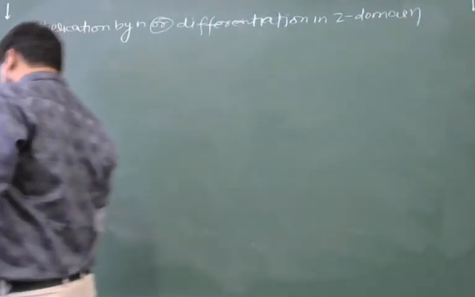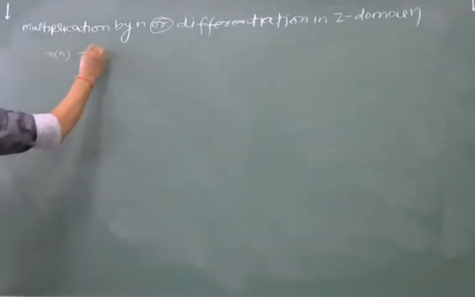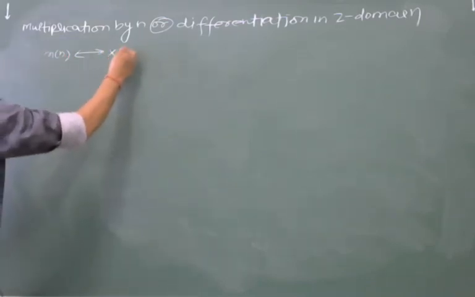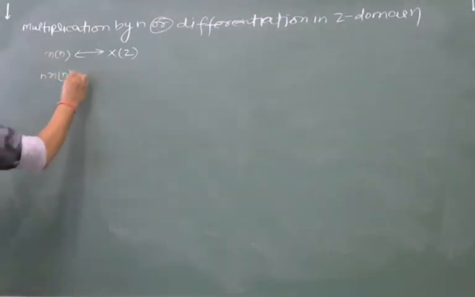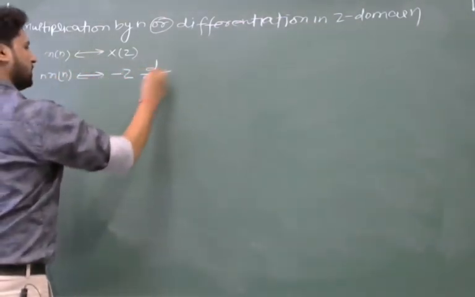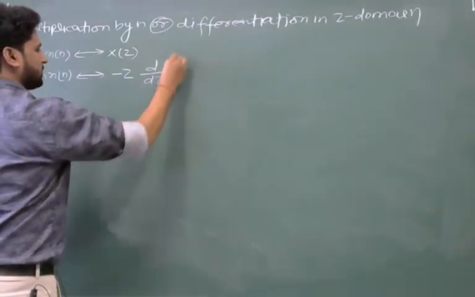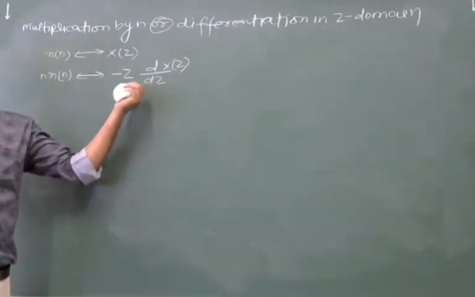Multiplication by n or differentiation in z domain. So if the z transform of x of n is x of z, then the z transform of n x of n will be minus z into d by dz of x of z. It means if I multiply with n in the time domain, then we have to differentiate the signal in the z domain and multiply with minus z.